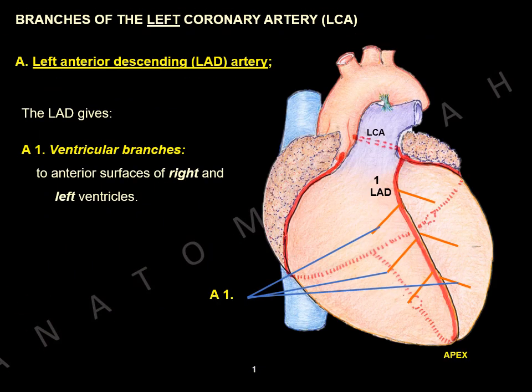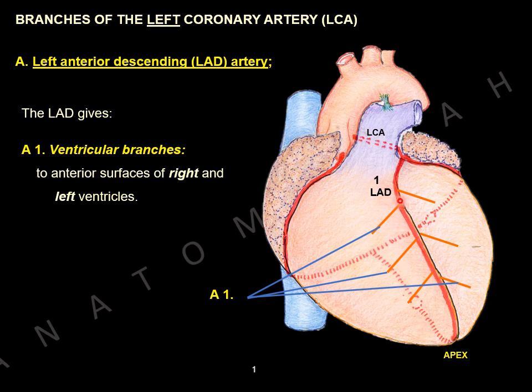Branches of the left coronary artery. The first main branch is the left anterior descending or LAD artery, which comes out from the left coronary artery, descends along the anterior interventricular sulcus, turns around the apex, and runs up along the lower part of the posterior interventricular sulcus or groove.